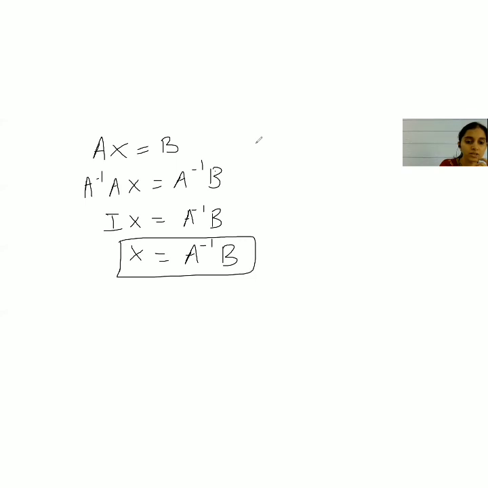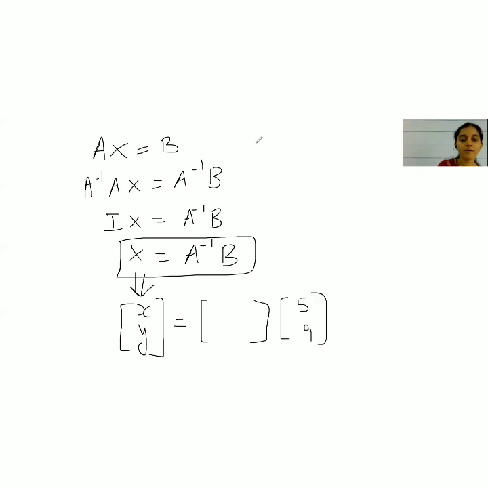Now what is X over here again? It is the matrix of variables x and y, right? And A inverse we will find out, and B is the matrix of constants 5 and 9. So when you multiply the matrix A inverse with the matrix B, we directly get the values of x and y.